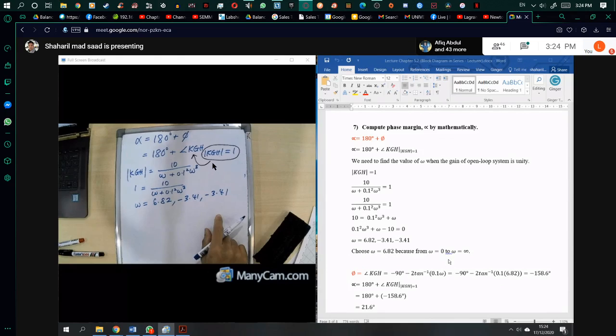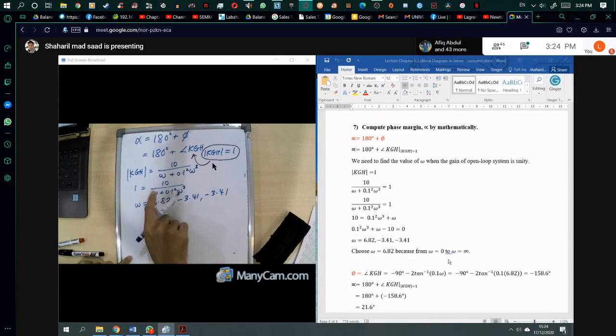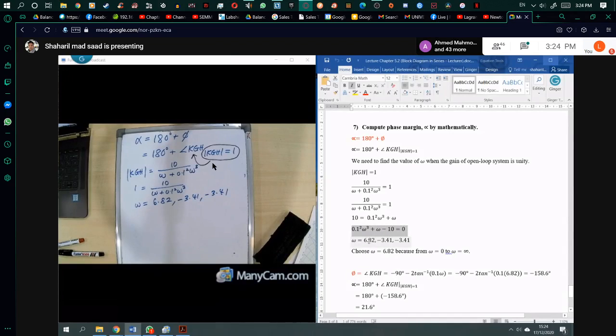I think you can solve it by using your calculator. This is power of 3. So you can solve it using your calculator. We got 2 roots here. And of course we choose this one because the omega is between 0 to infinity.